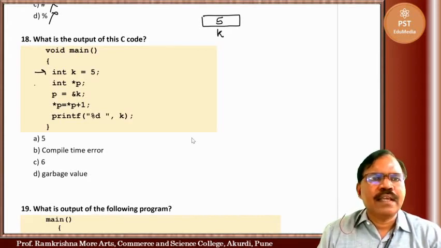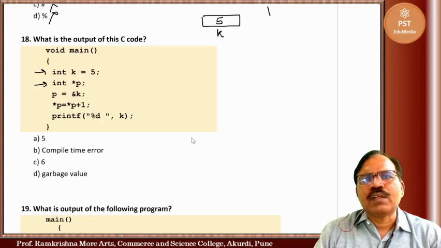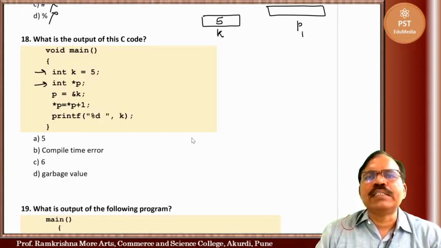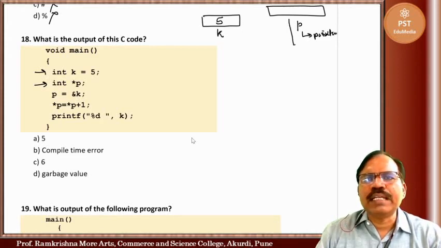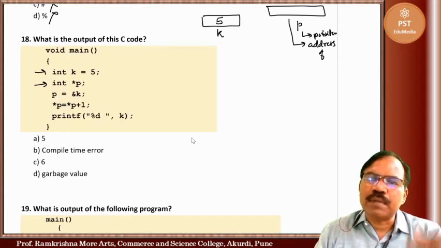Then int *p: one memory location is reserved by the name p, but p is a pointer, so this memory location will store the address of some other variable.